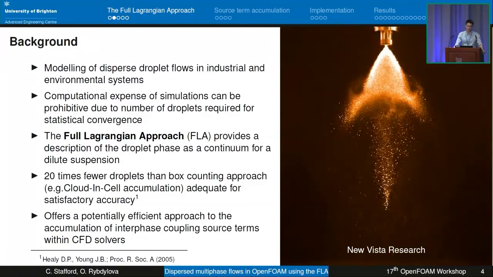Existing work has highlighted that 20 times fewer droplets in a simple flow can be used compared to a box counting approach, such as a cloud and cell method, which I'll be referencing later. And this gives you satisfactory accuracy. So in this work, we're going to be considering the potential of this to accumulate interface coupling source terms.